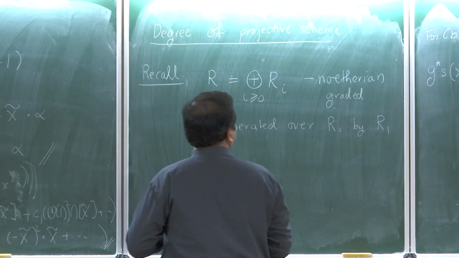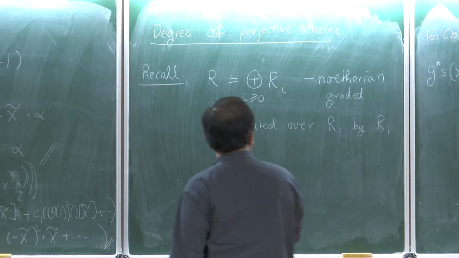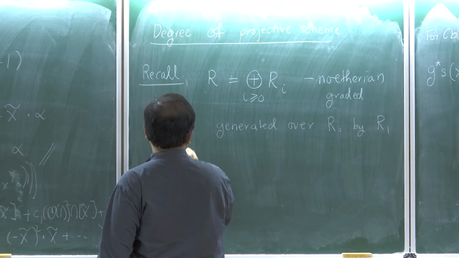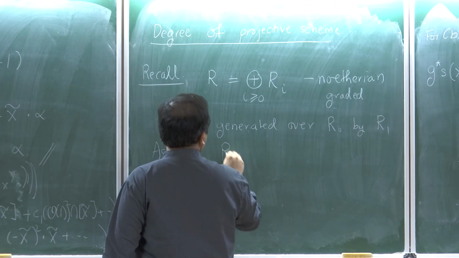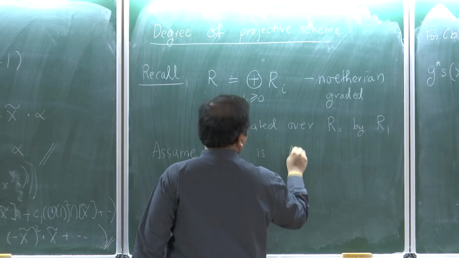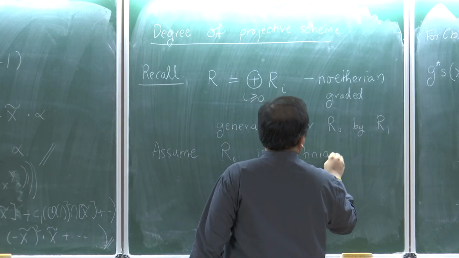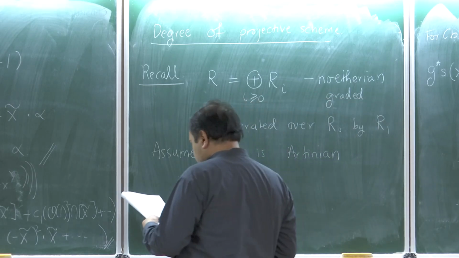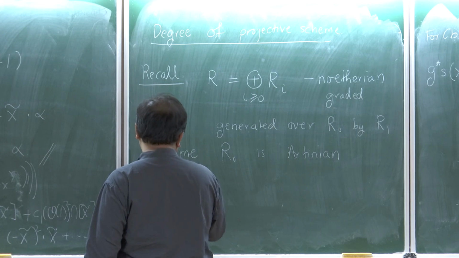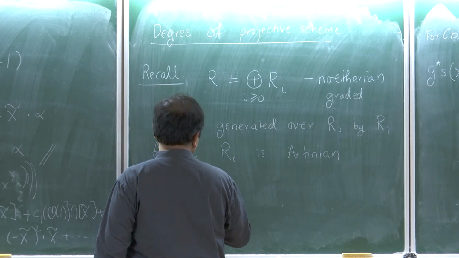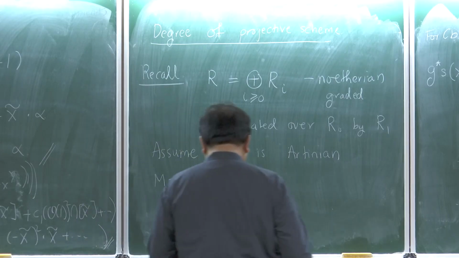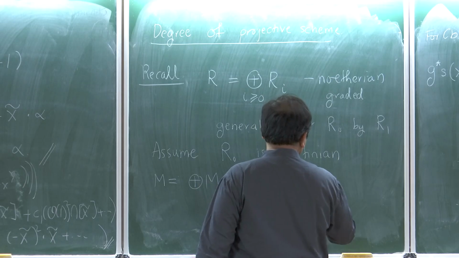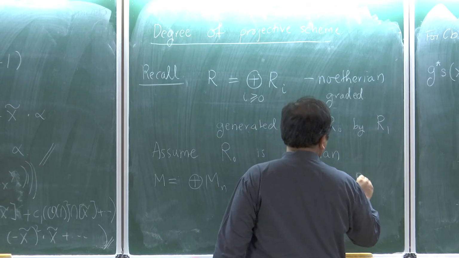This is set up in somewhat greater generality in Atiyah-MacDonald, for example, but I will just say something in the simplest possible cases. So assume that, say, R0 is Artinian. It could be a field, for instance, and now suppose M = ⊕ M_n is a finitely generated graded R-module.